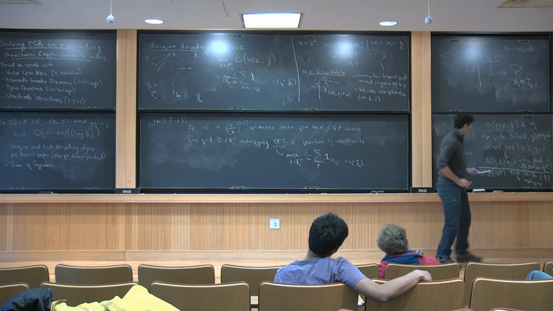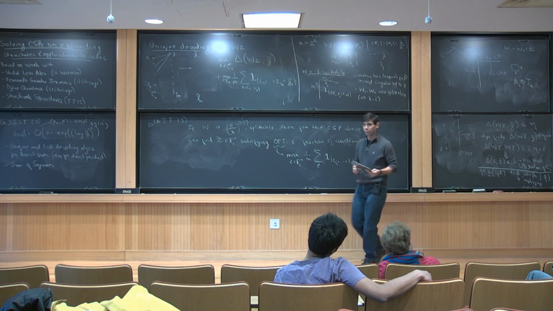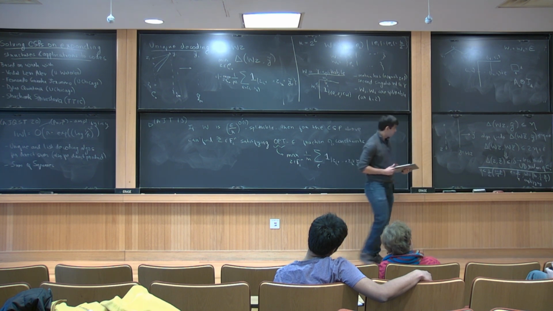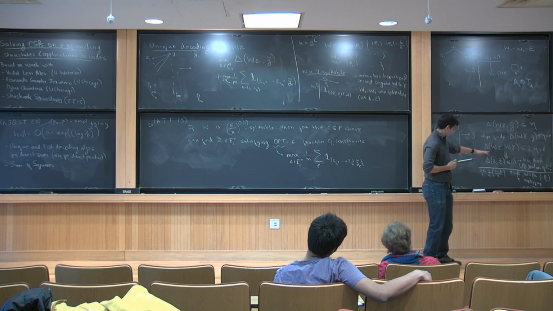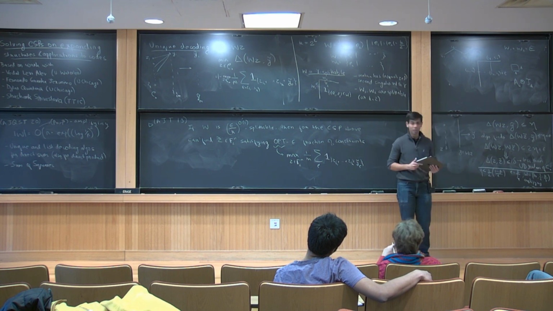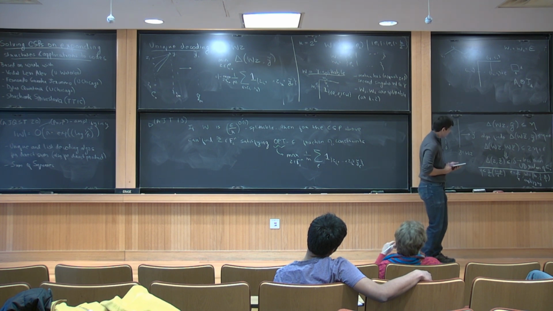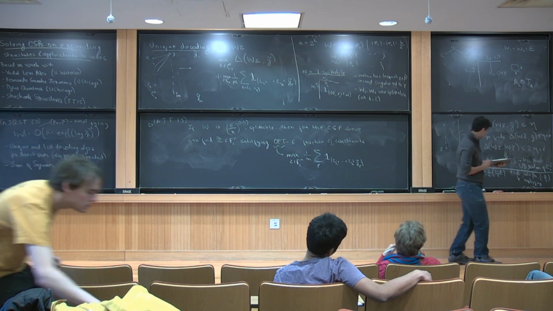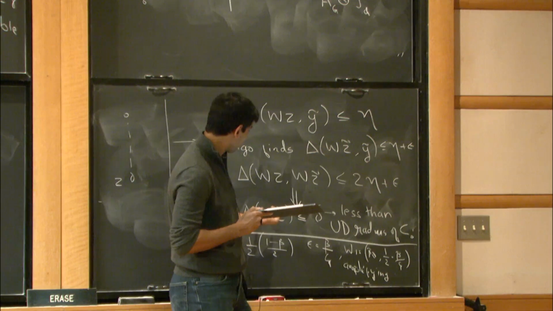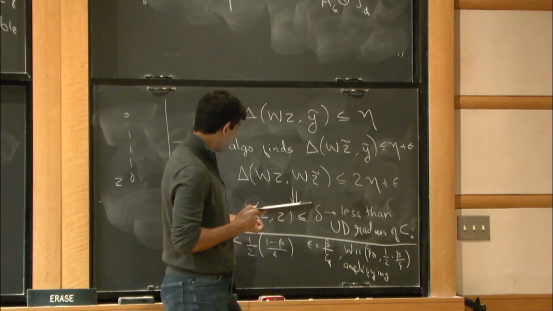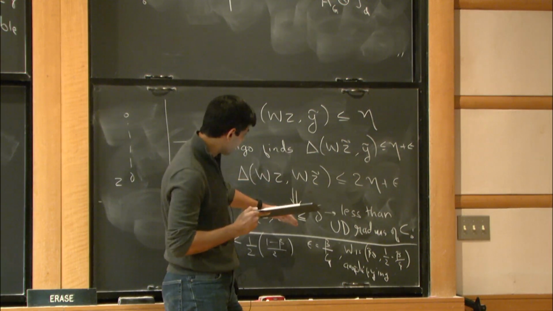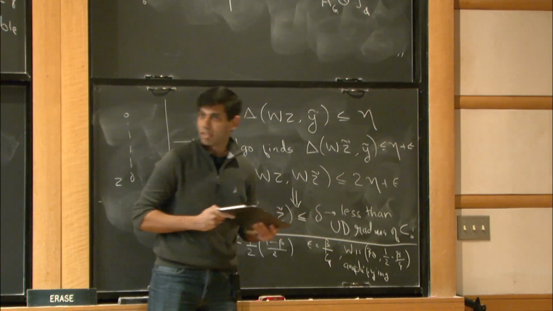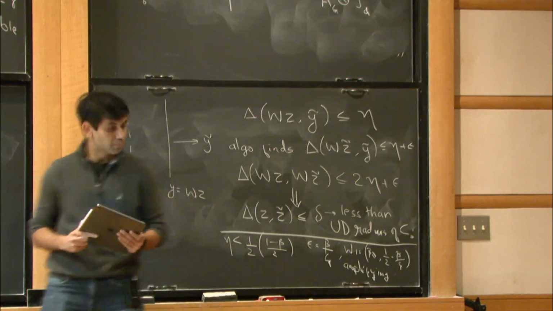So we need slightly better amplification than we would need just to prove the distance of the code, but at least here it is just a constant factor in beta and doesn't really affect the rates as much. For list decoding, it will affect more. Okay. So if W is amplifying in this sense for all Z and Z tilde, then we will have this implication that Z and Z tilde should be close, and we can just find Z using unique decoding.